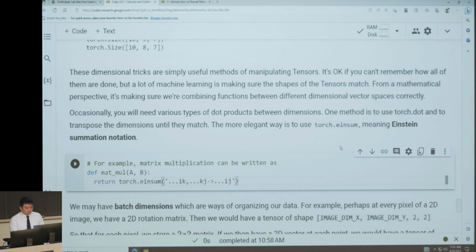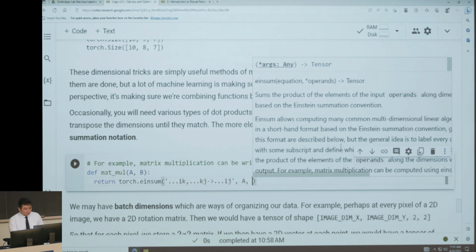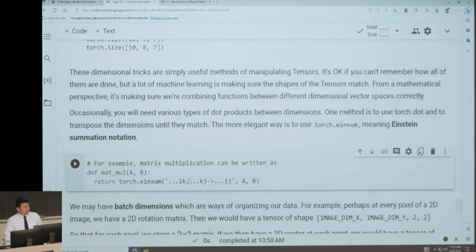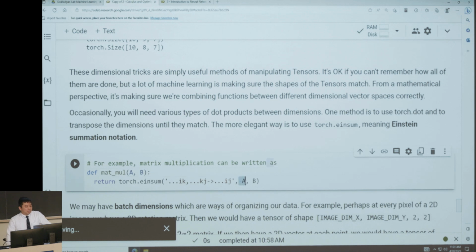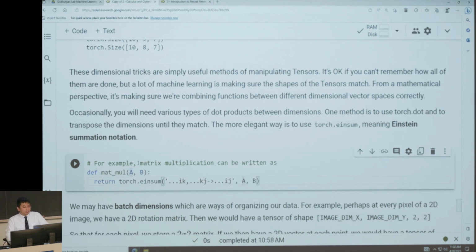So this would be the definition for matrix multiplication. But in this case, our matrices correspond to the last 2 dimensions of A and B, and all of the previous indices are batch indices. So you can do multiple matrix multiplications at the same time.